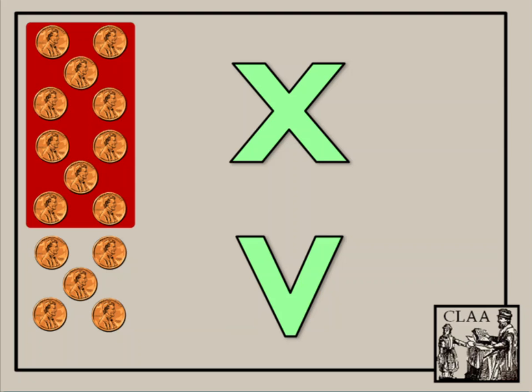Unus, duo, tres, quatuor, quinque. There are quinque, or 5 pennies left over, and for these we use the symbol for quinque, which is the V-shaped symbol. To write the number quindecim, we simply put the symbol for decem and the symbol for quinque together.